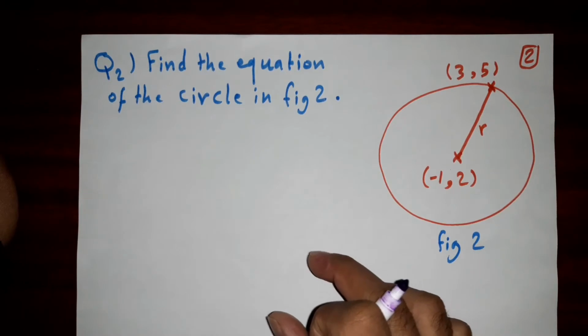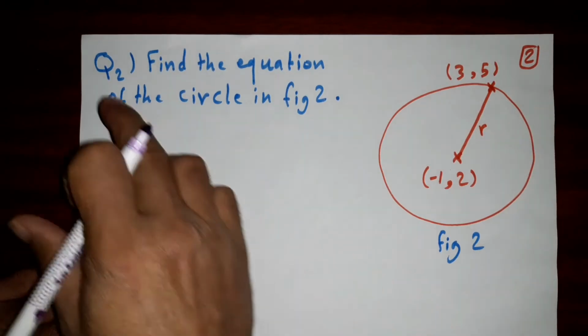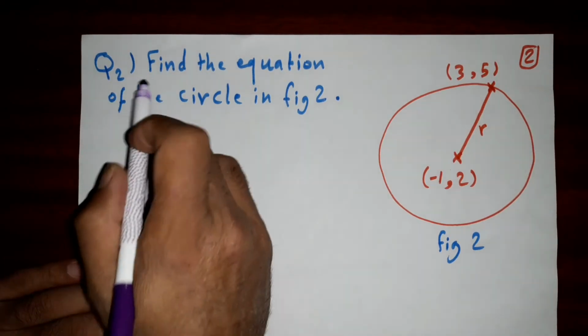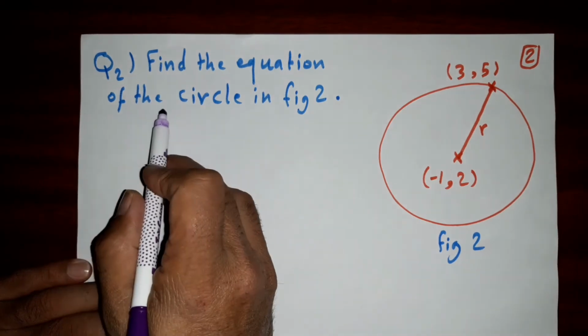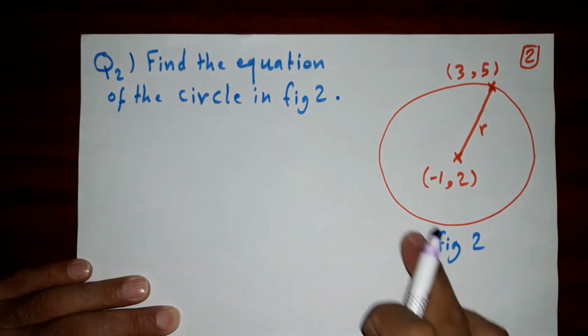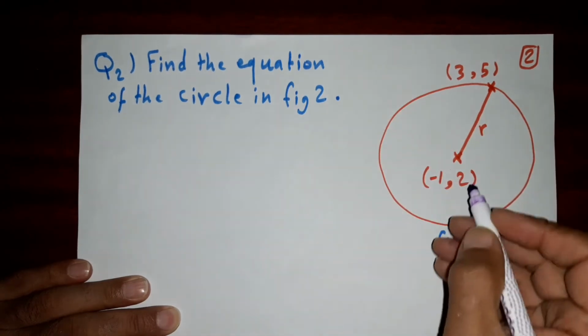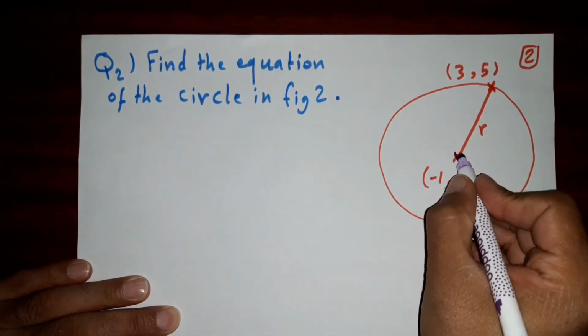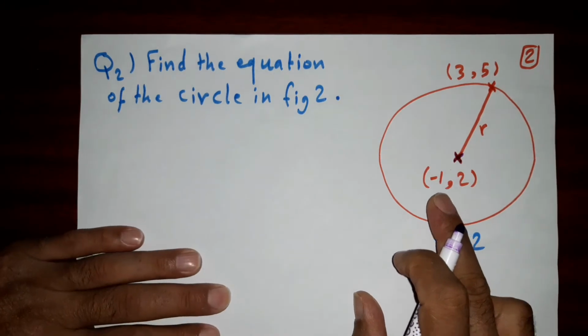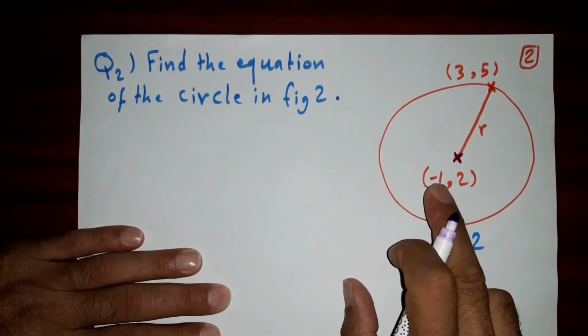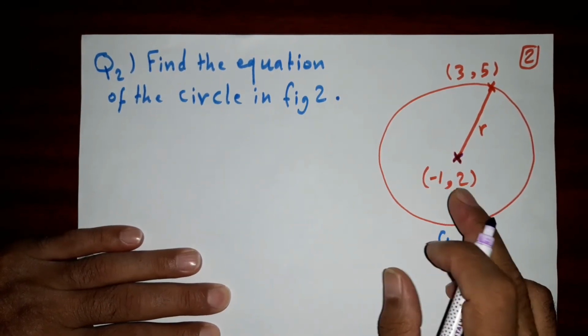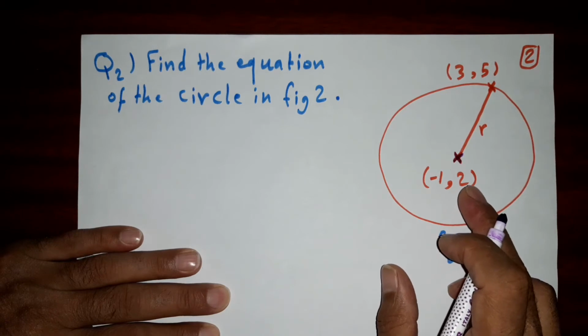Let's take another question. Question 2. Find the equation of the circle in figure 2. This is figure 2. This circle has a center, and its coordinates are minus 1, 2. The x coordinate is minus 1. The y coordinate is 2.